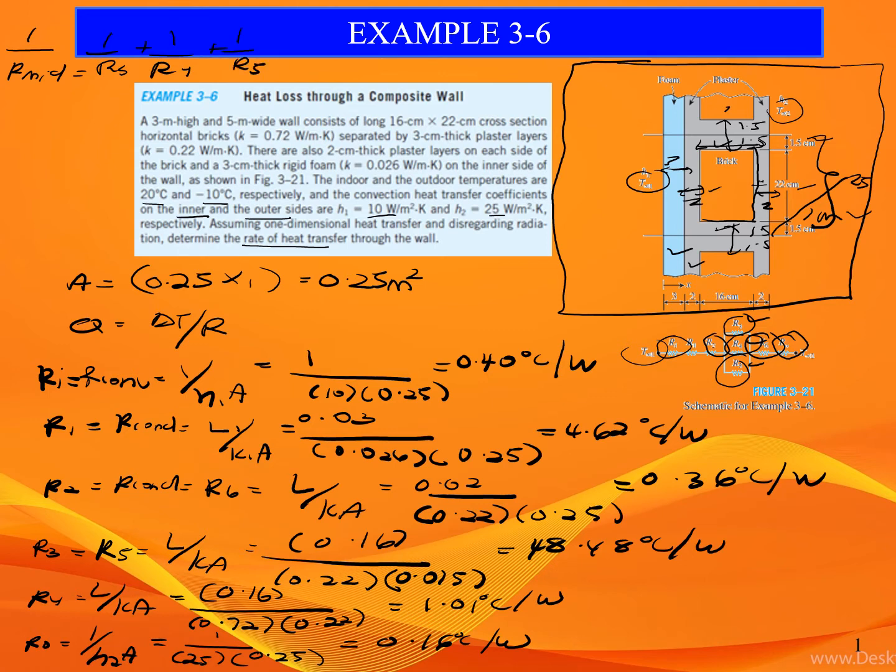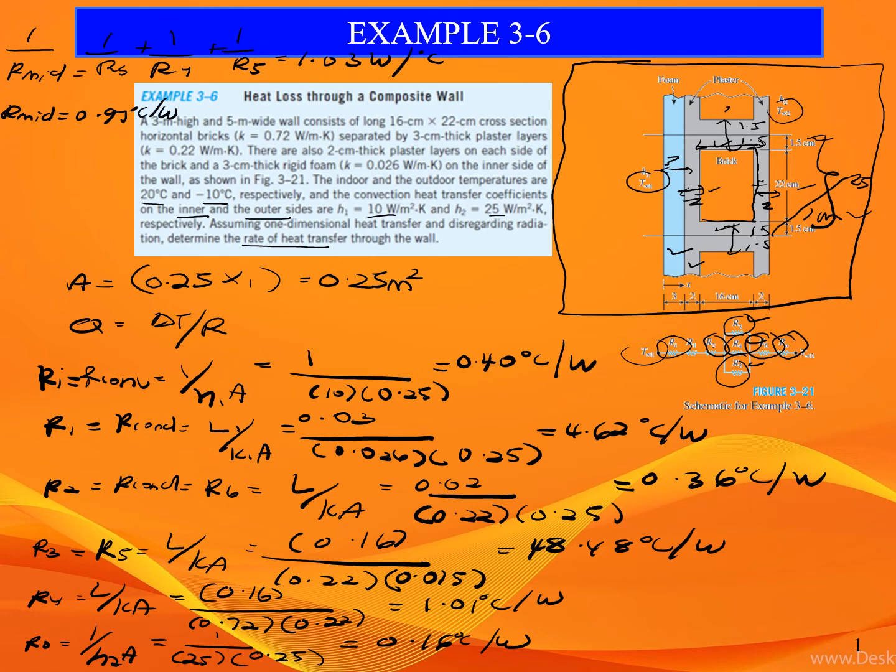Just substitute the value that you obtained below and then you will get around 1.03 watt per degree Celsius. So R mid you will get 0.97 degrees Celsius per watt.